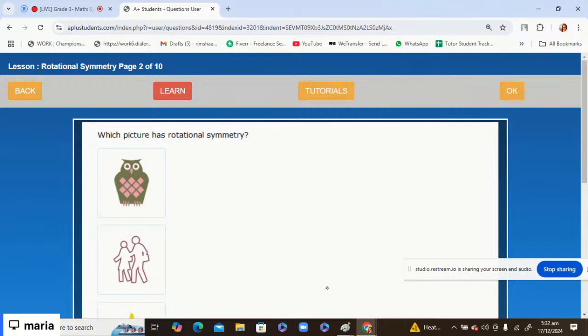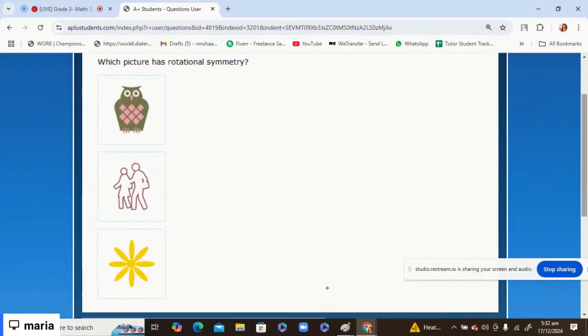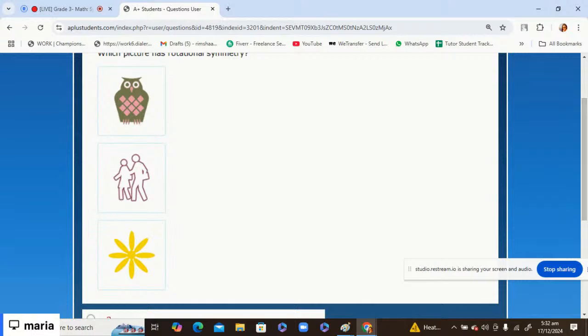Now, which picture has a rotational symmetry? Look at here in all of it and then tell me, in option A, option B, or option C. Tell me the answer of this one.